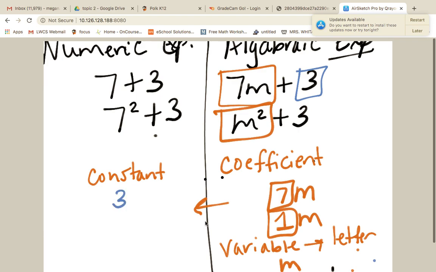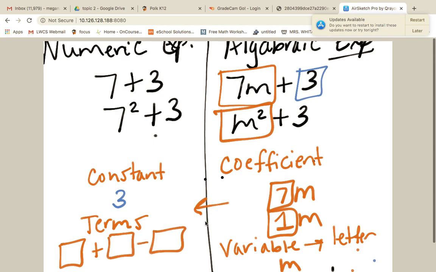It's never going to change. It's going to be 3 unless you add it with another term or subtract it from another term. So it's usually just the number by itself. Then, I forgot about this, we have terms. And terms are the things that are grouped together around your operations.